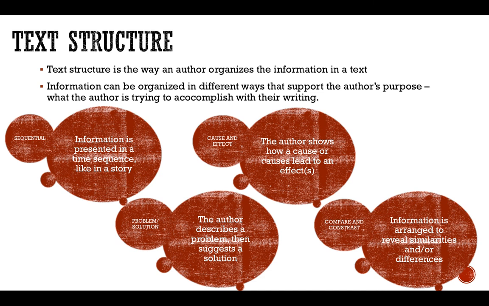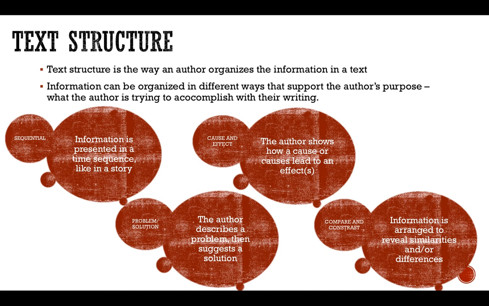Tenemos diferentes tipos de organización cuando hablamos de esta estructura del texto. Tenemos la secuencial, que nos va dando la información de manera secuencial como si fuera una historia. Después tenemos el problem solution, donde el autor describe primero el problema y después da la solución al mismo.